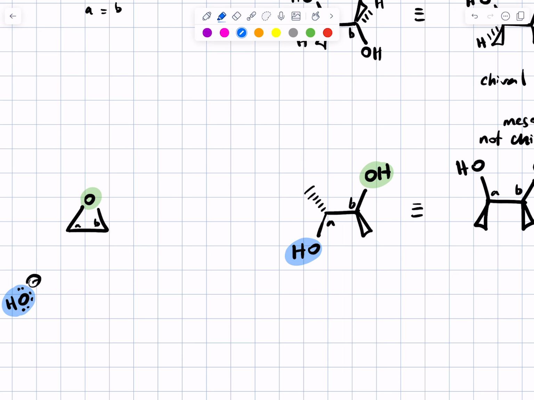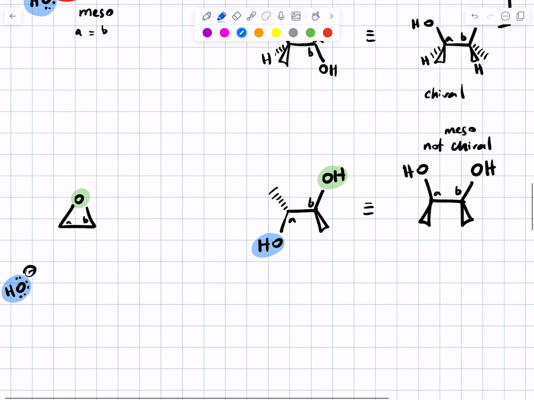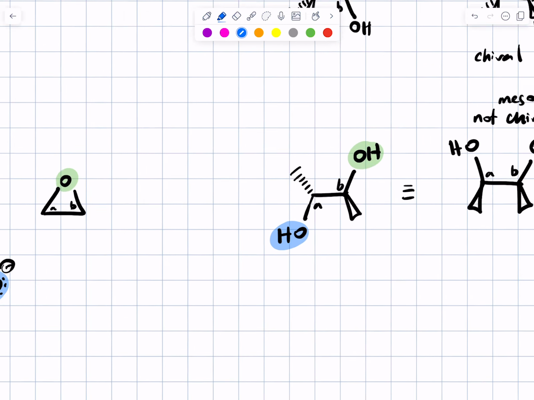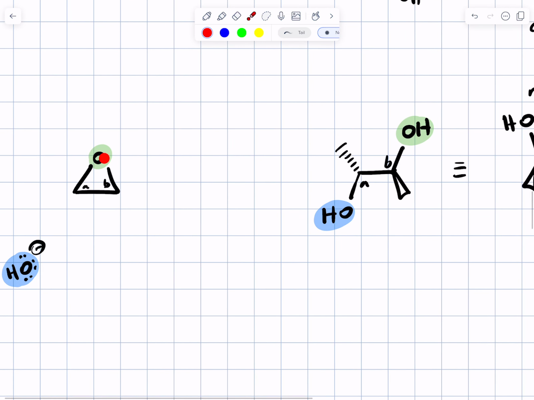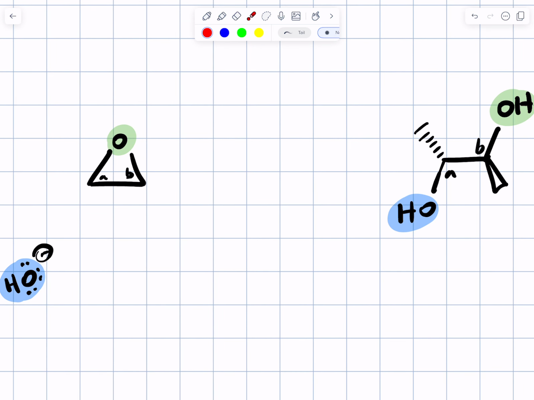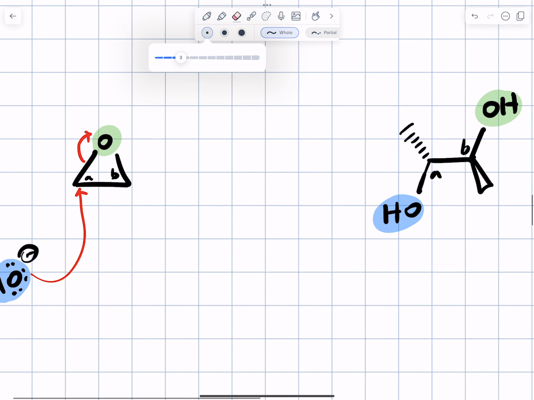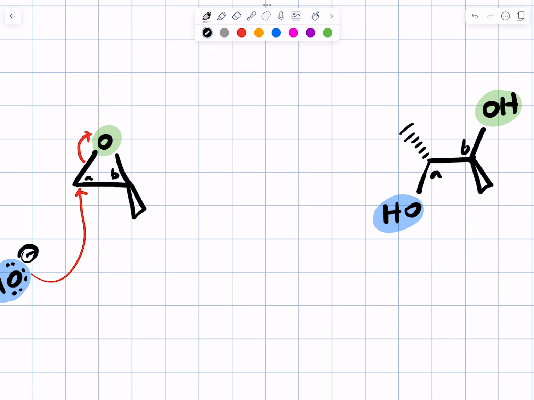Now all that's left is for me to sort out the stereochemistry. If the green oxygen becomes the leaving group, that's the OH group on carbon B, that means my nucleophile attacked carbon A, right? That means stereochemistry on carbon B didn't change, which means my methyl group is still a wedge on carbon B. How about on carbon A, where there should be a methyl group?